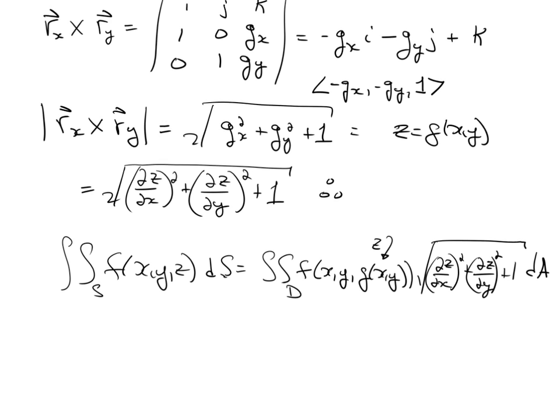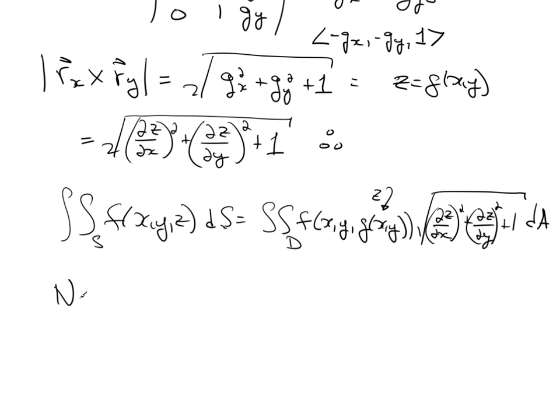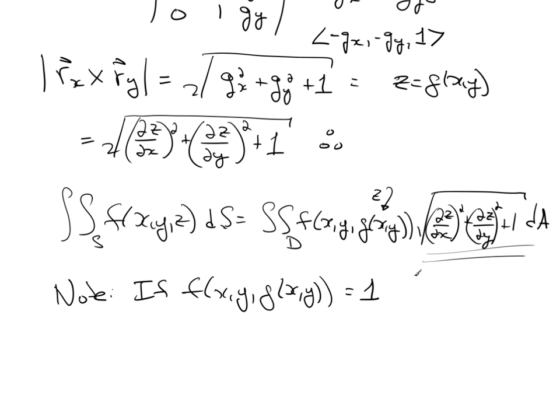Now note here, if f of x, y, g of x, y, which is f of x, y, z, equals 1, then we have the surface area of S. We'd just be integrating this, which should look pretty familiar to you.